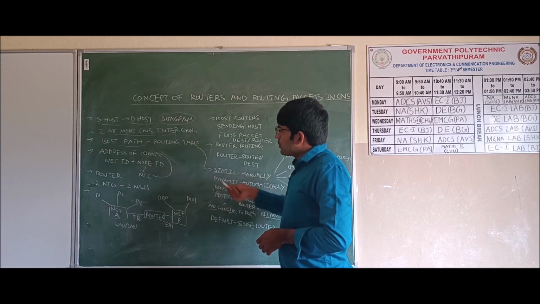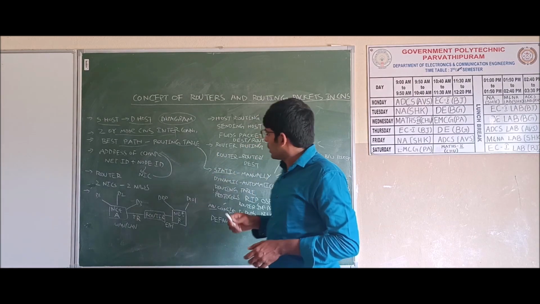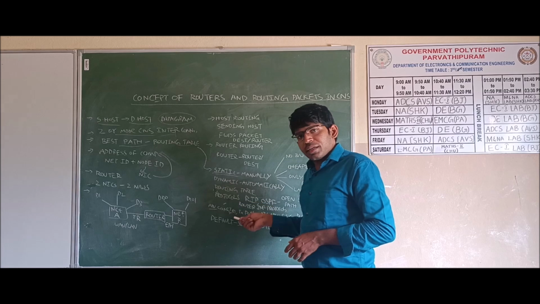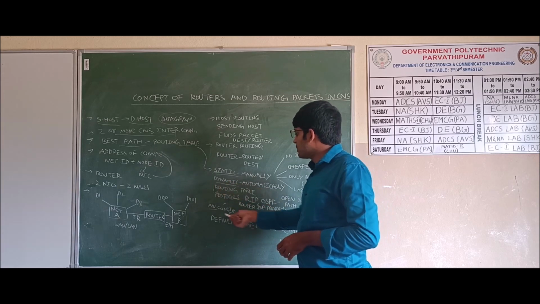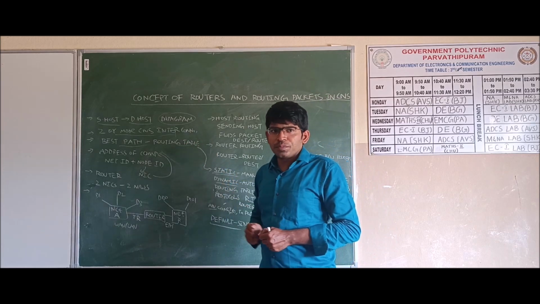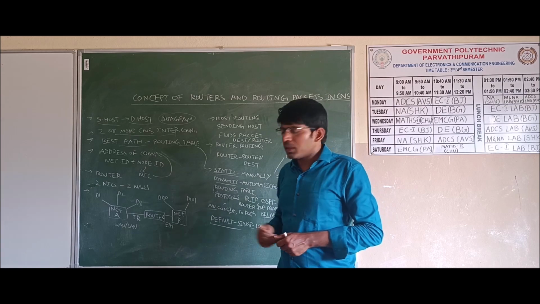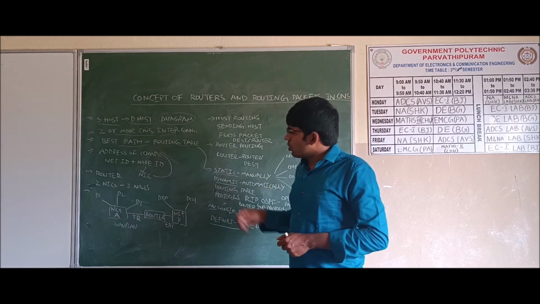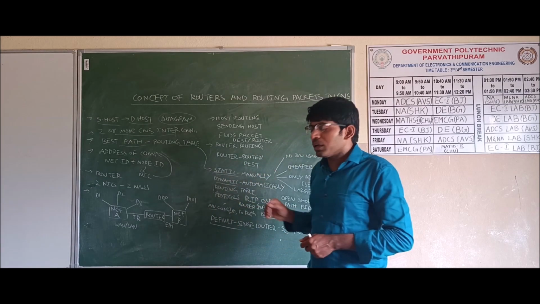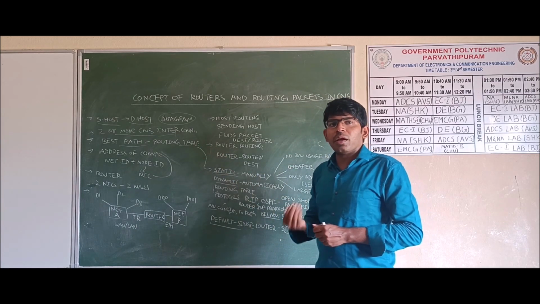There is the concept of the routing table. It might be static, dynamic or default. So we have one table. Yesterday we discussed it. It will use an algorithm in dynamic routing. Here in static routing, the routing table is updated manually.